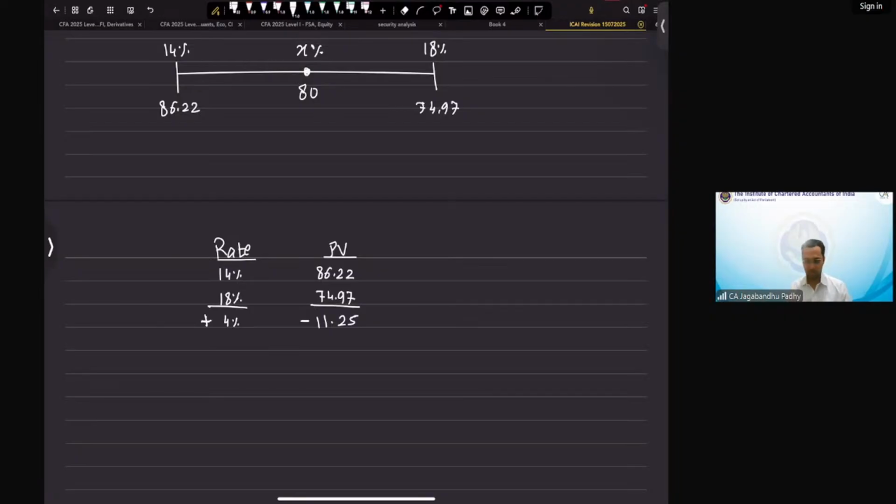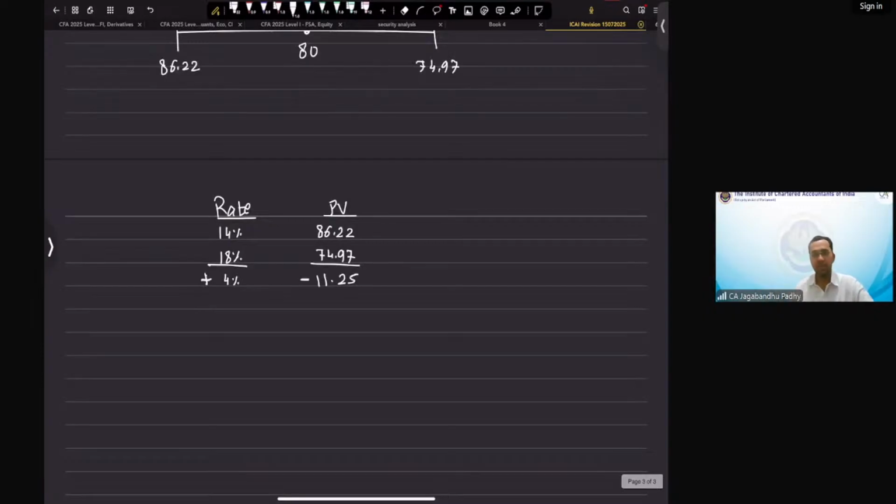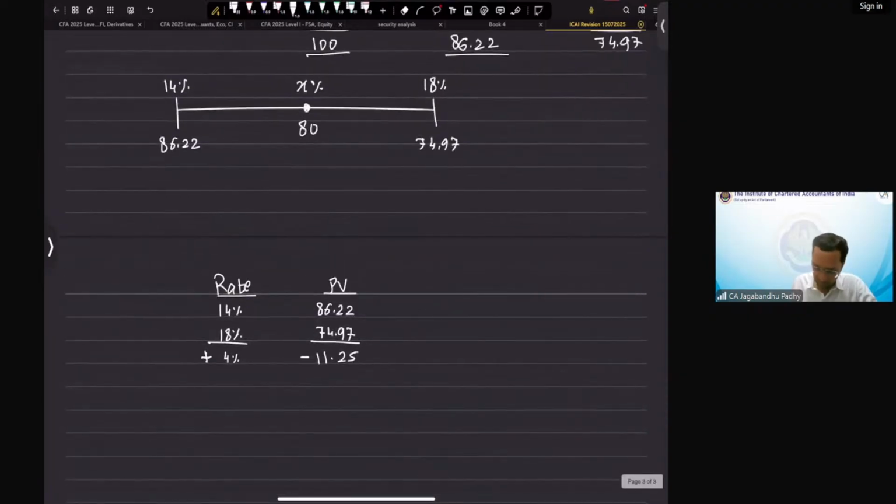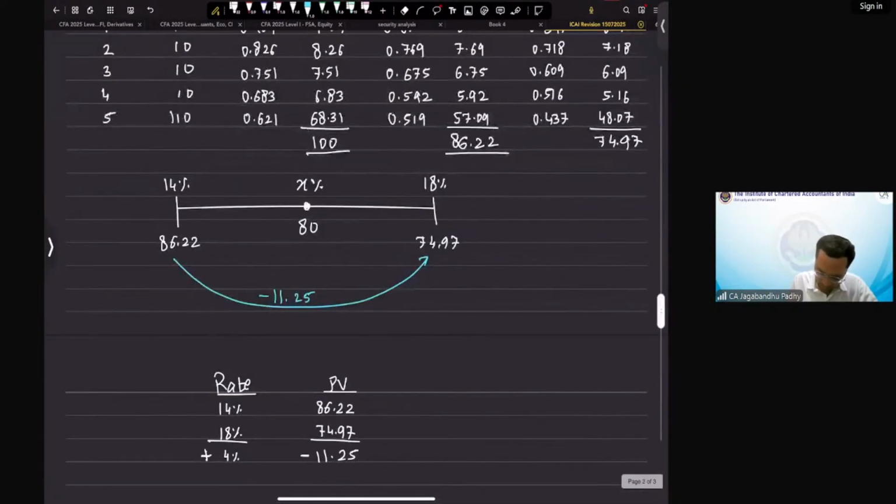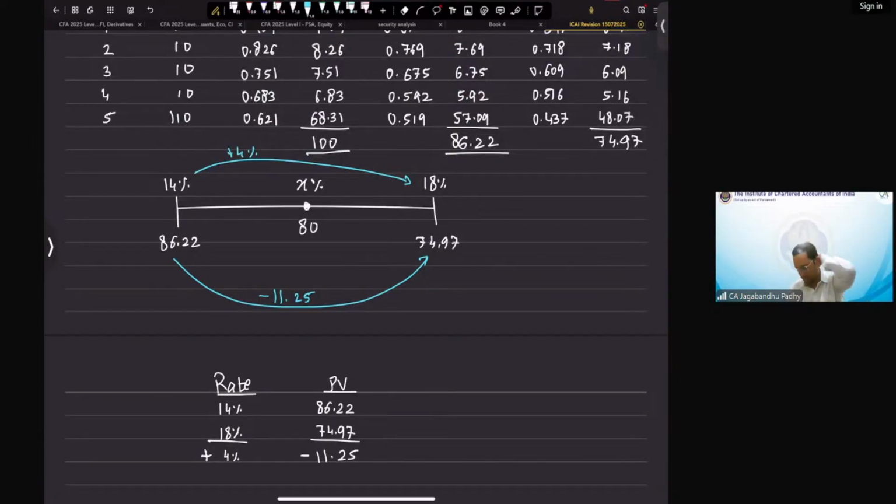Now, what is the PV that we really want? Over here there's a reduction of 11.25, and here there's an increase of 4%.